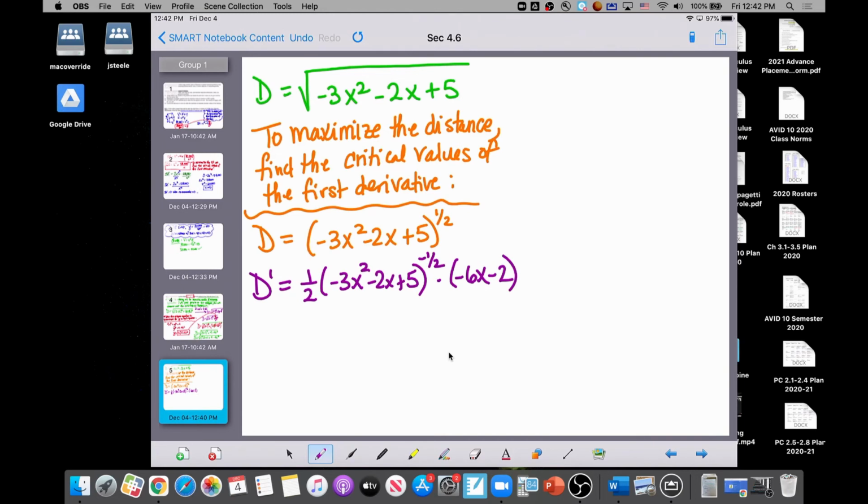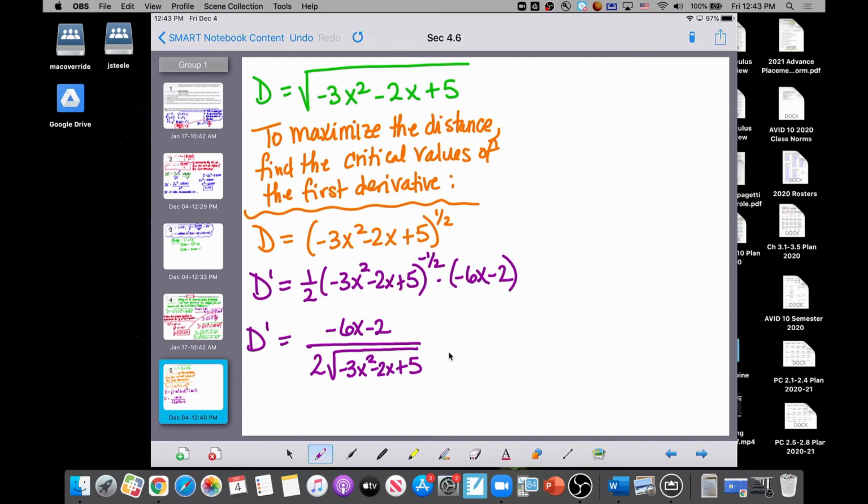I can certainly clean this up a little bit. So my numerator is going to have the negative 6x minus 2. And then the 1/2 in front of the parentheses, the 2 goes on the bottom. And then everything inside the parentheses to the negative 1/2 power, that's going to be in the denominator under a square root below, because I'm moving it downstairs and making it to the positive 1/2.